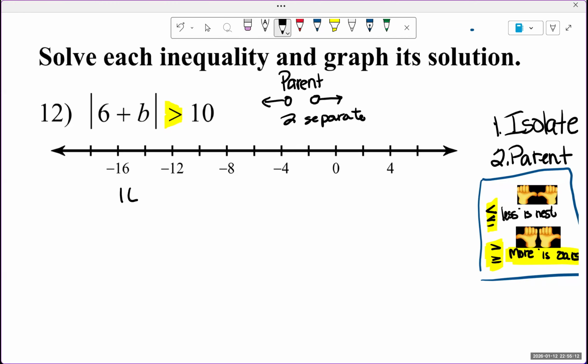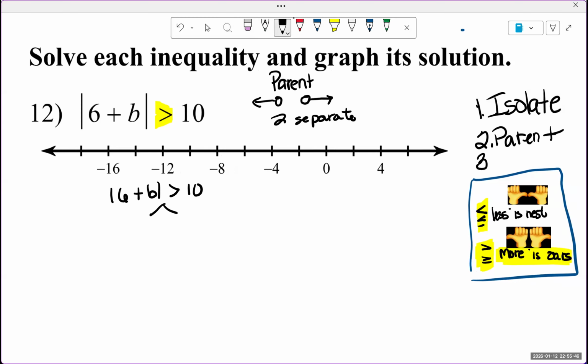Okay, so here we go. So we have the absolute value of 6 plus b greater than 10. We know the parent graph, what it's going to look like. Step 3 is to split. So we have 6 plus b. Now, 6 plus b could be positive or negative.